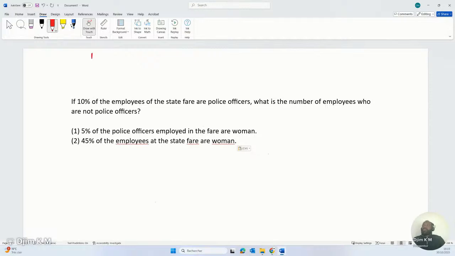So we have the number of employees of the state fair. Out of them, we have police officers and non-police officers.